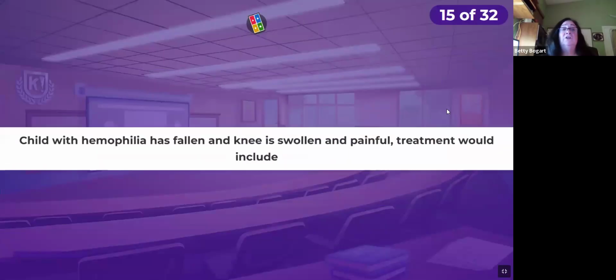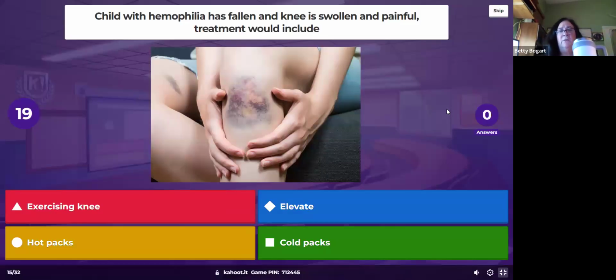A child with hemophilia has fallen. His knee is swollen and painful. Treatment would include, what does that kid need to do? He's fallen. He's bleeding.